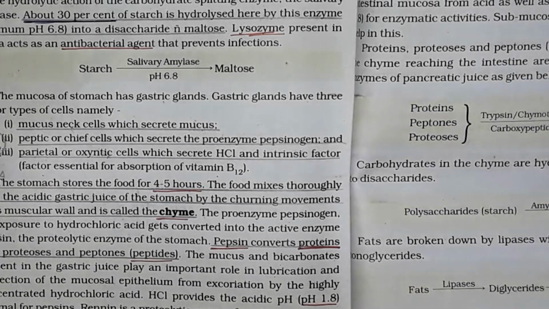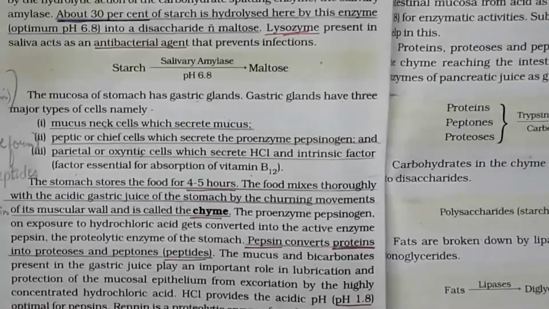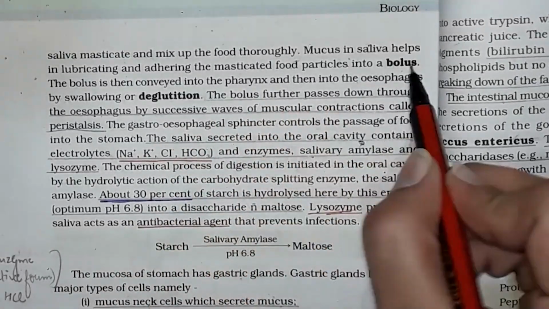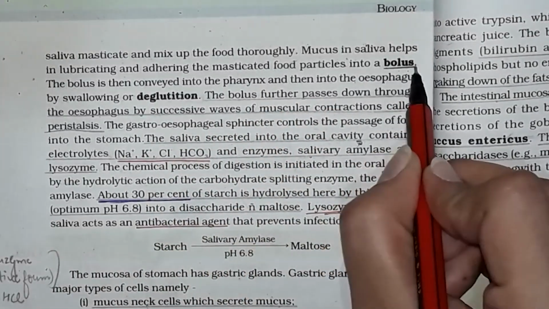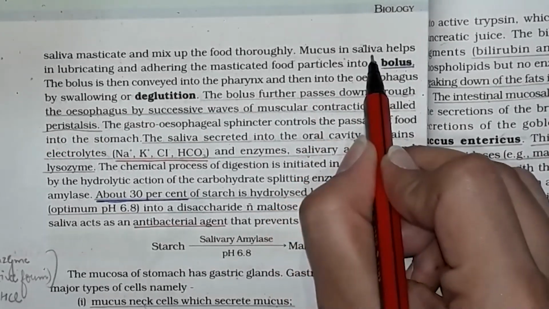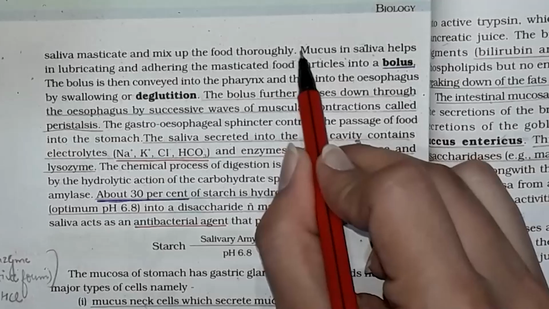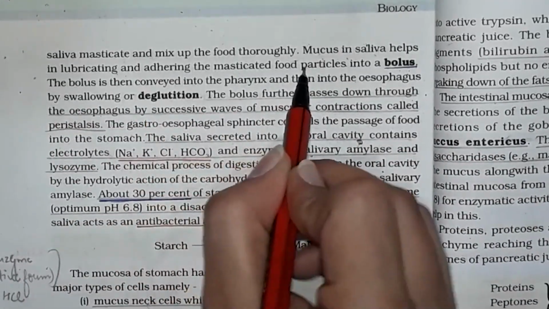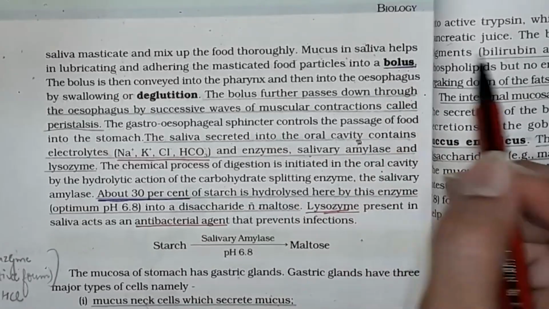Mucus in the saliva helps in lubrication and adhering the masticated food particles into a bolus.